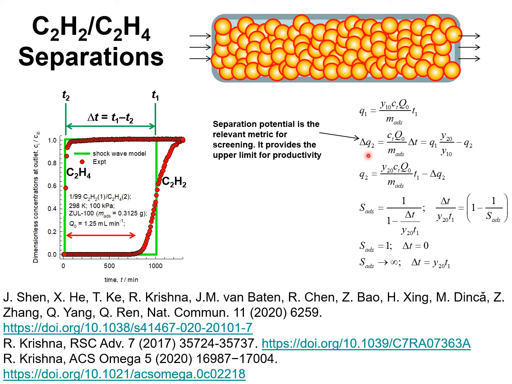We term delta Q2 the separation potential, and it's the relevant metric for screening because it represents the maximum productivity of pure C2H4 that can be realized in a fixed bed adsorber, which the productivity in this time period delta T is represented by the green arrow, whereas in the breakthrough experiments, the actual productivity is lower than this value because of the distended nature of the breakthrough curves observed in the experiment.